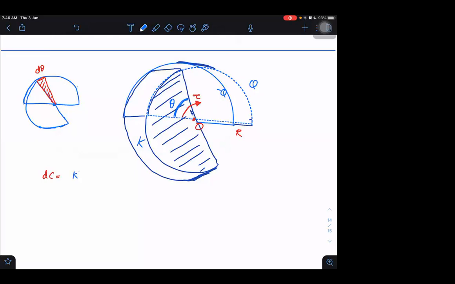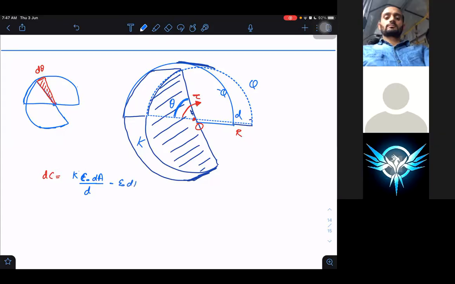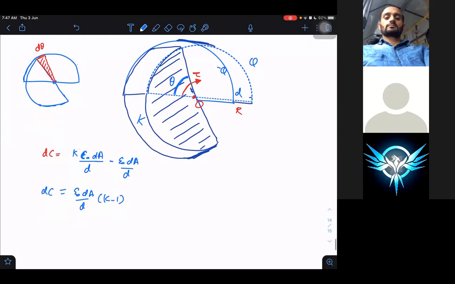K into epsilon naught dA by the gap between the plates. Let the gap be d. K epsilon naught dA by d minus epsilon naught dA by d. This is the change in capacitance. So it can be written as epsilon naught dA by d into (K minus 1). Is it right or not? That is dC, the change in capacitance.